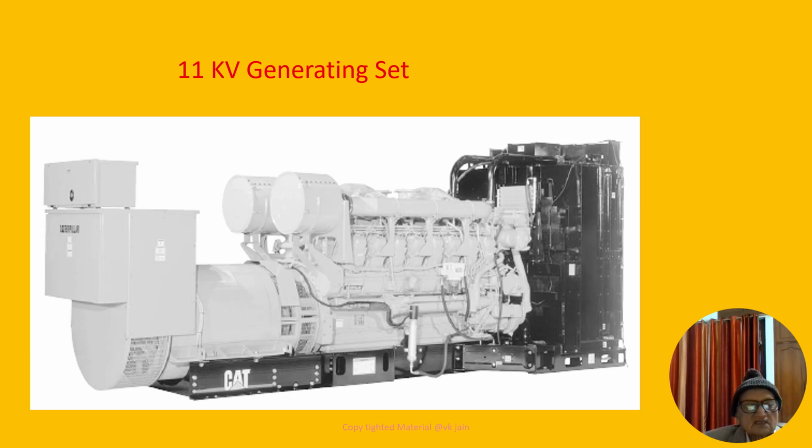That means the supply is coming 33 by 11 and the secondary side is 11 kV, and that secondary side of 11 kV through transformer and 11 kV generating sets are clubbed in an automatic transfer switch, ATS, and only either of the supply will proceed further.